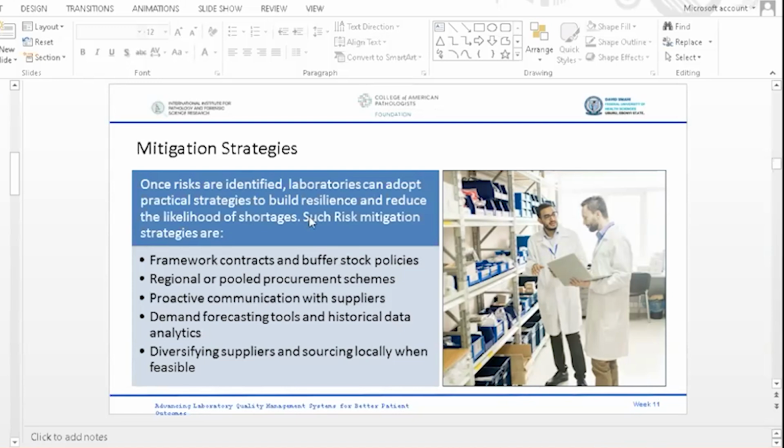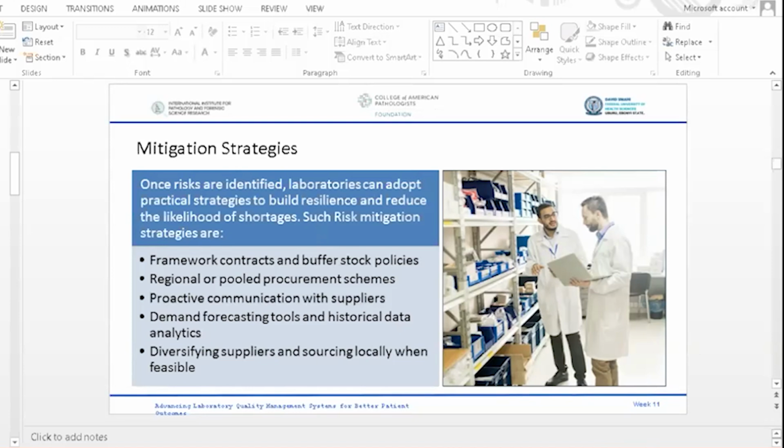Okay, let's look at emergency preparedness and business continuity planning. In line with the risk-based thinking, laboratories must establish a formal plan to manage unexpected supply disruptions. Such plans are creating contingency plans for essential reagents and consumables.